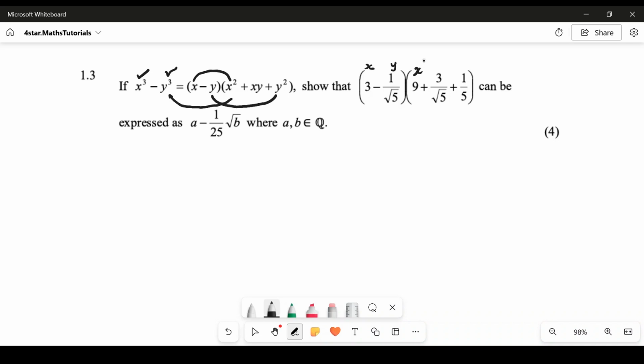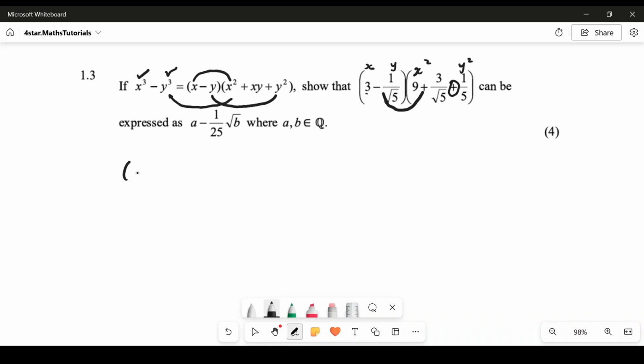Then this is our y squared: if we square 1 over root of 5, we get 1 over 5. This sign is positive, so this sign is the opposite of that one. Then to get the middle term, we multiply x with y, so we multiply 3 with 1 over root of 5.